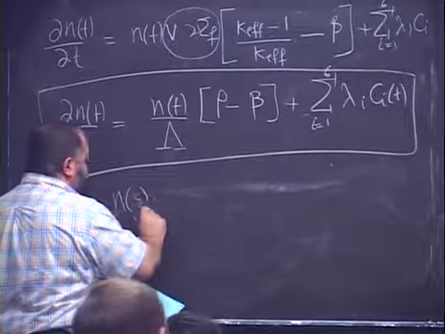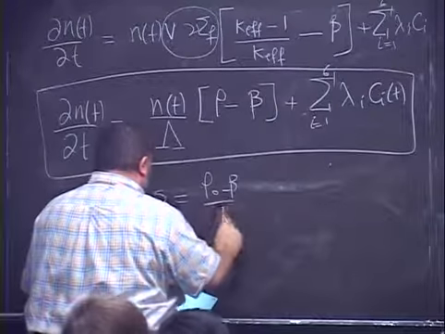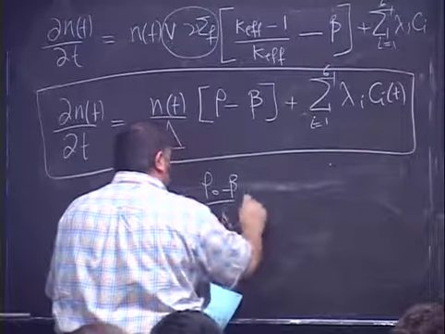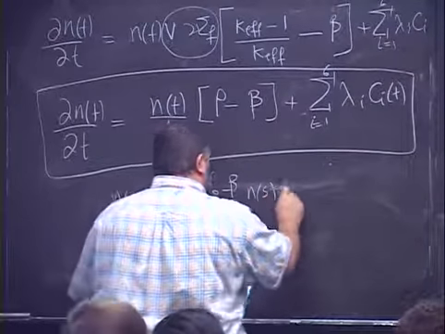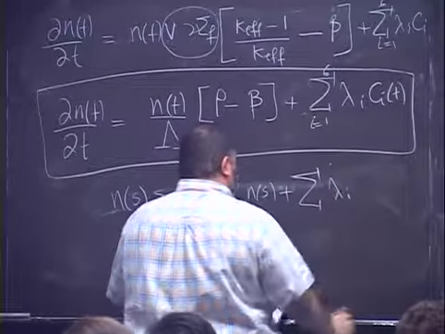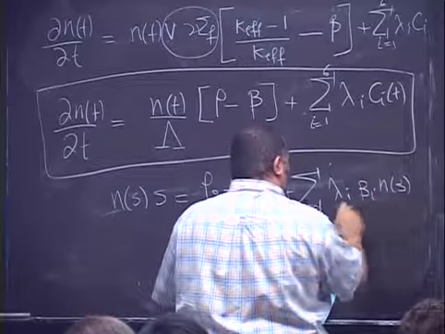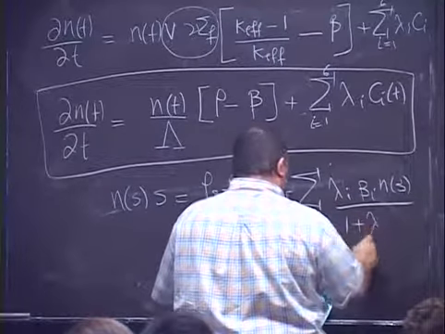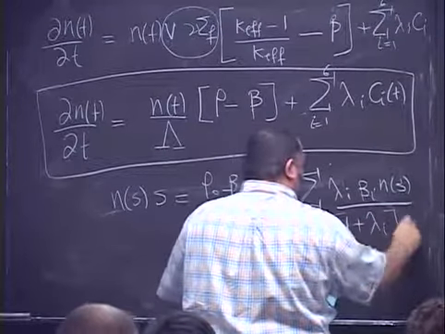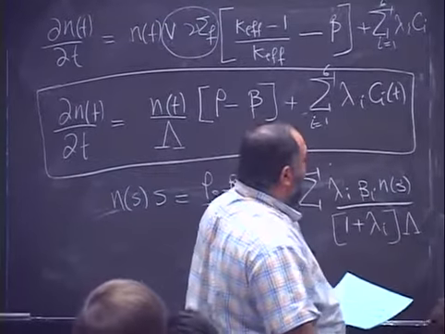N of s multiplied by s is equal to rho naught minus beta divided by gamma, multiplied by n of s, plus the summation of lambda I Ci, which is beta I n of s divided by s plus lambda I, multiplied by gamma. Actually it's not 1, I think it's an s.